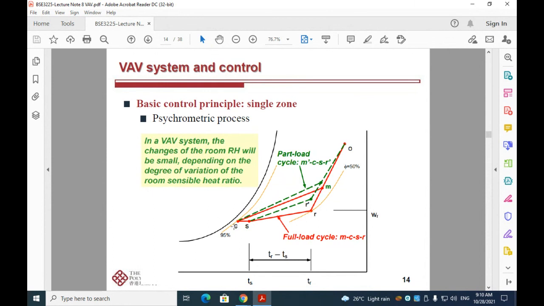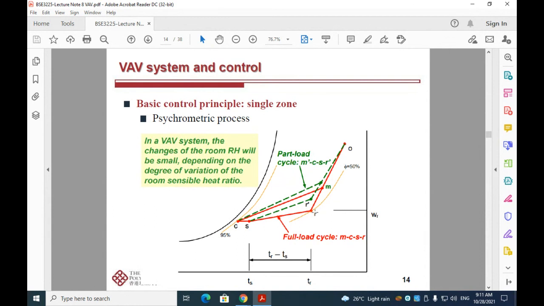This cycle is actually the same as the CAV system. And then we will be looking at what this psychrometric process looks like when the VAV system is working under partial load.